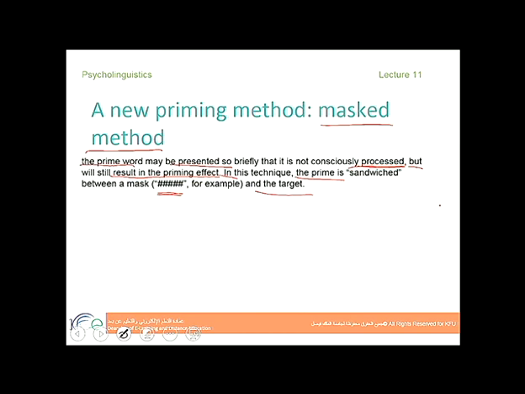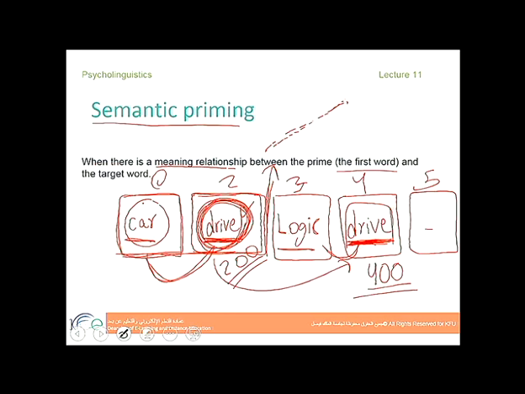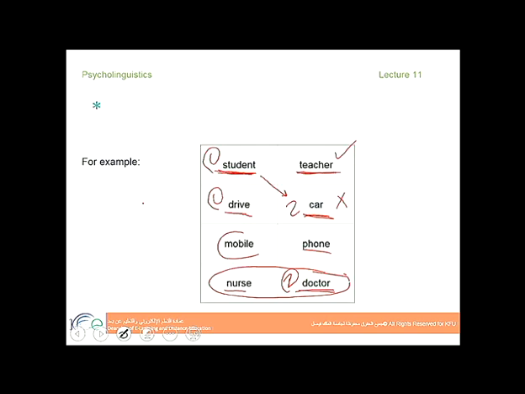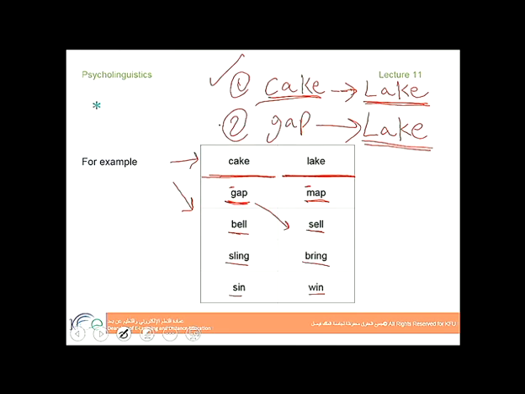All right, so overall we have two types of priming: semantic priming and form priming. Semantic priming is when we have meaning relationships between the prime and the target. And here are some examples. Then we have form priming, so phonological form priming, when the two words sound the same, like here.